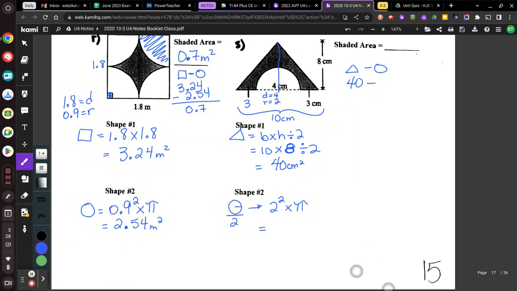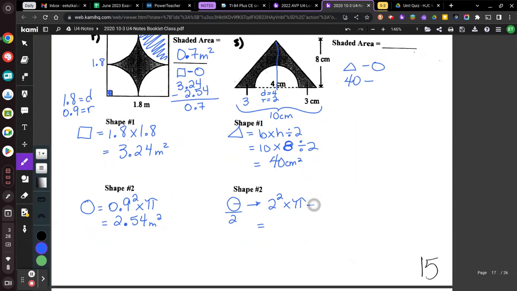And that's going to give me, and I only have a half circle though, so I still have to divide that by 2. So that's going to give me 6.3 centimeters squared. So now I'm taking 40 and subtracting 6.3. And that's going to give me a grand total of 33.7 centimeters squared.